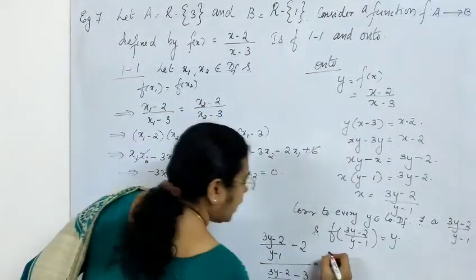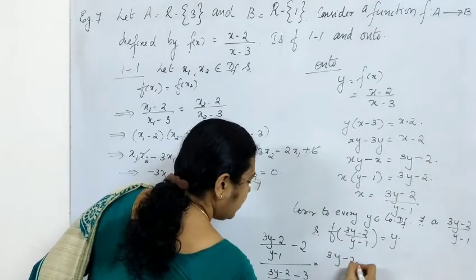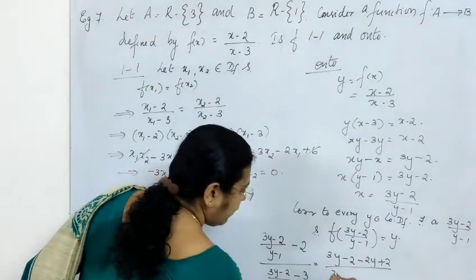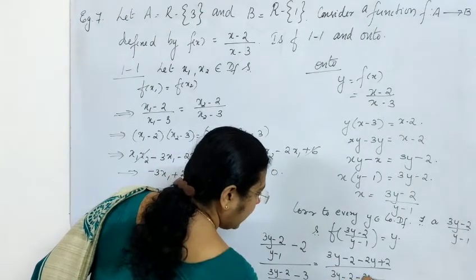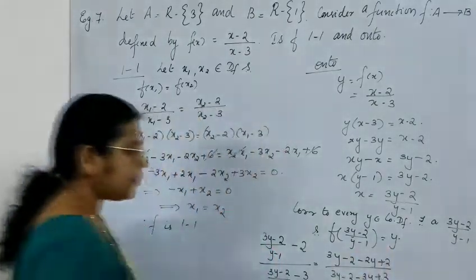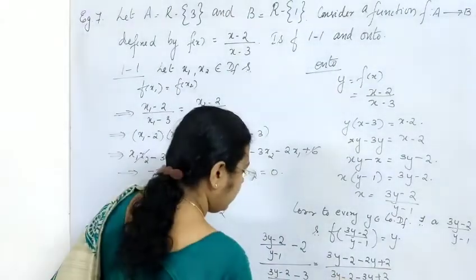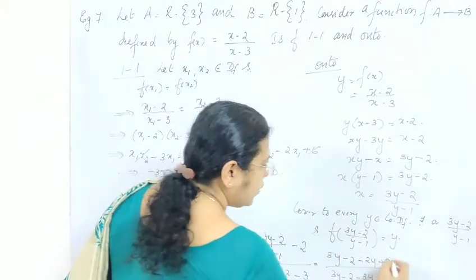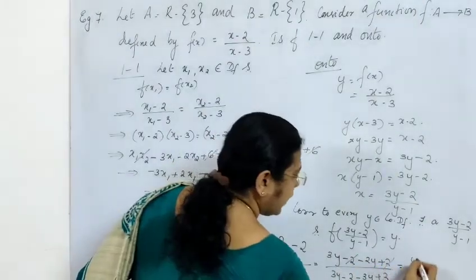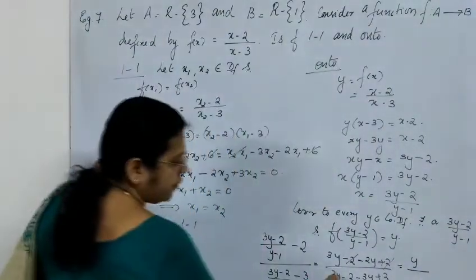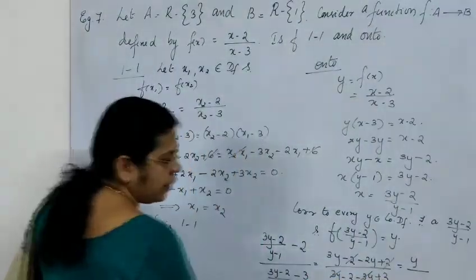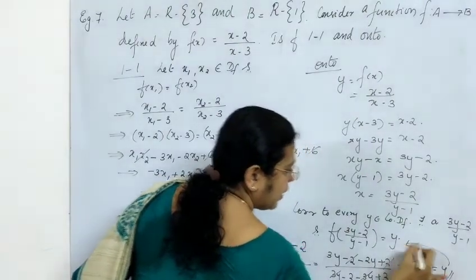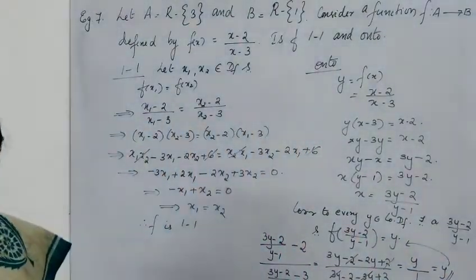What will you get? (3y minus 2 minus 2y plus 2)/(3y minus 2 minus 3y plus 3). Now 3y minus 2y is y, 2 and minus 2 cancel, I get a y here. Now 3y minus 3y cancels, minus 2 plus 3 is 1, which is equal to y. See, this is the same as y. Therefore, f is onto.